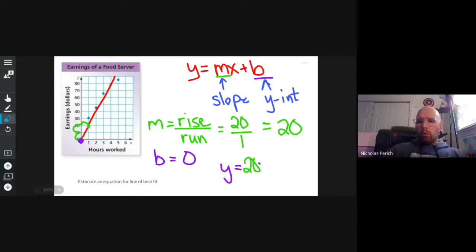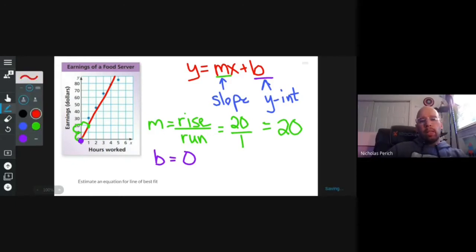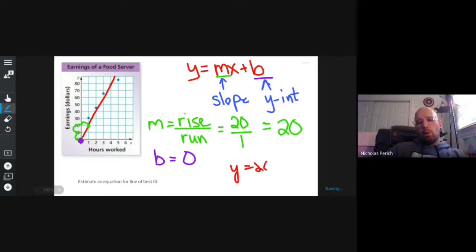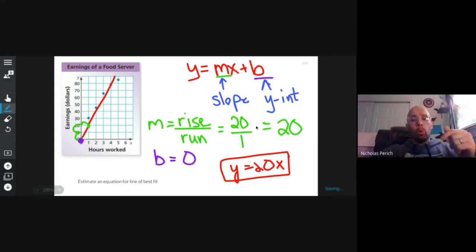So y equals 20x. Let's remind ourselves what these mean in the real world. Your slope is also the same as your rate. We've talked about that a bunch of times in chapter 4, and in chapter 6.